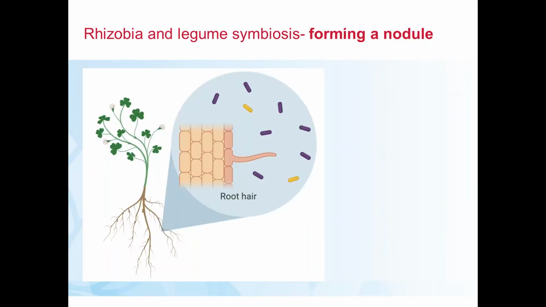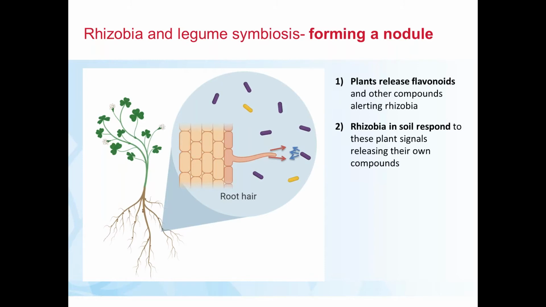So I wanted to start at the very basic beginning of how a nodule is formed. When a seed germinates, as the roots grow, the plant releases flavonoids and other compounds, alerting the rhizobia to their presence in the soil. The rhizobia respond to these plant signals by releasing their own compounds, and these are controlled by all sorts of nodulation genes.